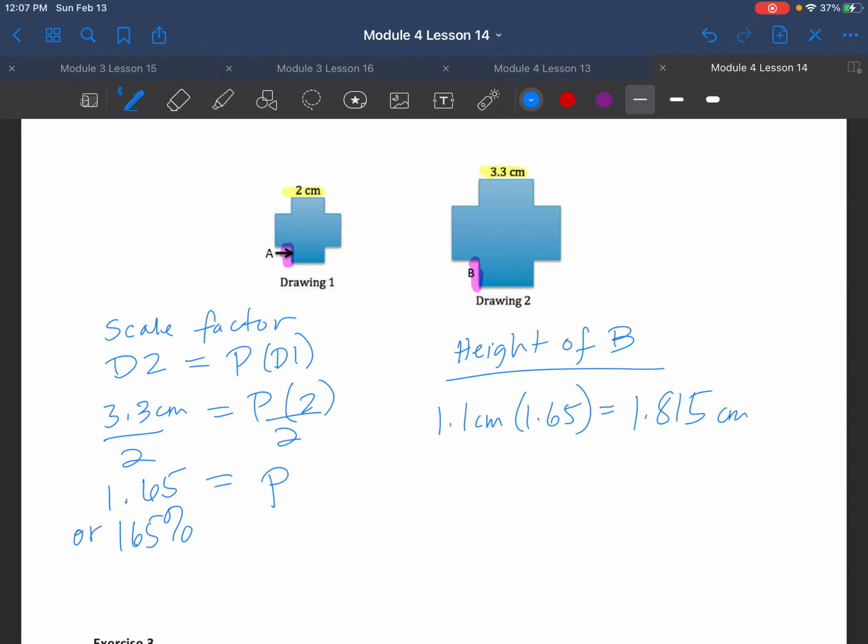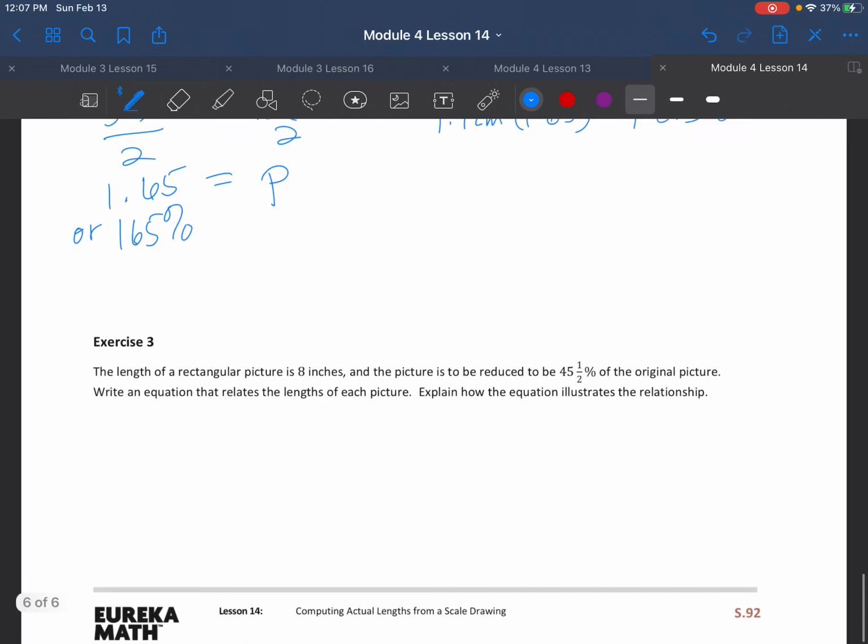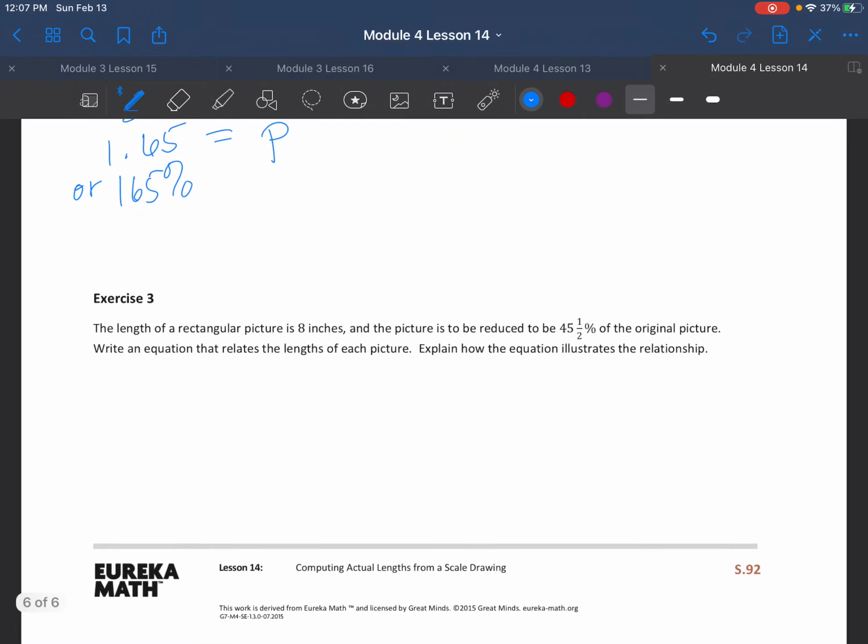And if we put that in our calculator, 1.1 times 1.65, 1.815. And this is centimeters, okay? So this is the height of B. And there you have it.